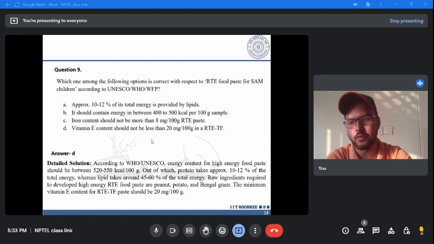Raw ingredients required to develop high energy RTE food paste are peanut, potato, and Bengal gram. And the minimum vitamin E content for the RTE food paste should be 20 mg per 100 gram. So the correct answer for this question is option D.